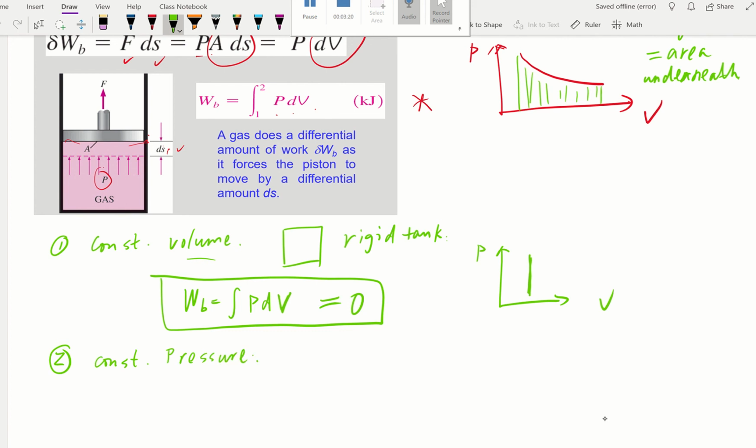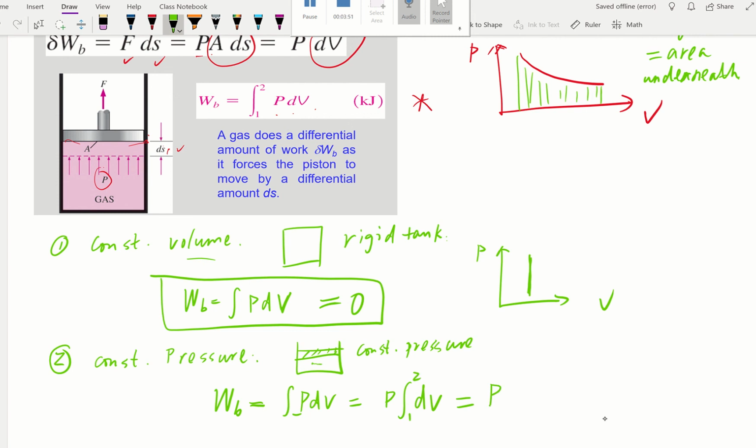Then the second scenario is constant pressure. A constant pressure scenario could be a piston with a constant weight, so the substance inside has the same pressure. We start with the governing equation, the integral of P dV. Since pressure is constant, we can take it outside of the integral, so we have P times the integral of dV from state 1 to state 2.